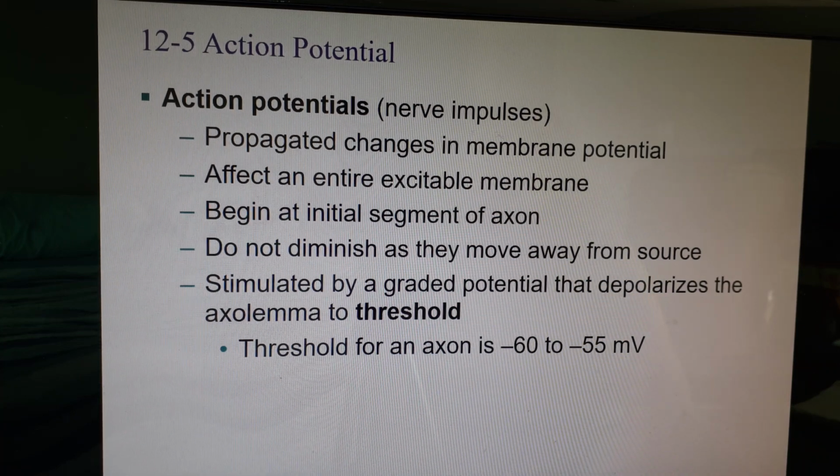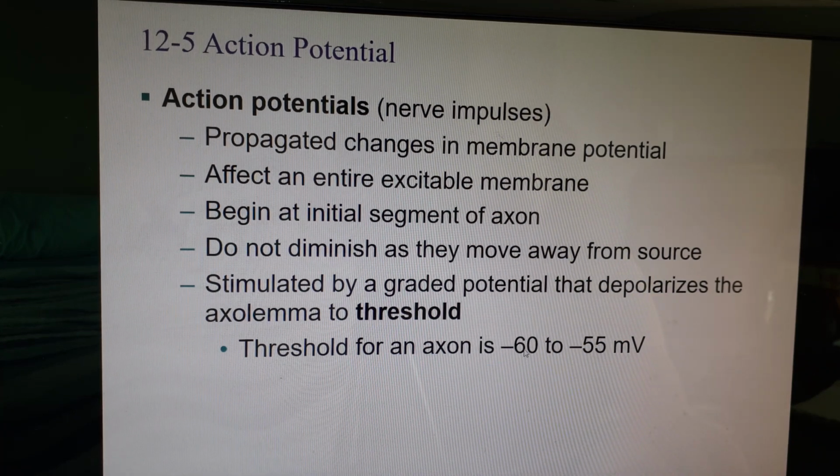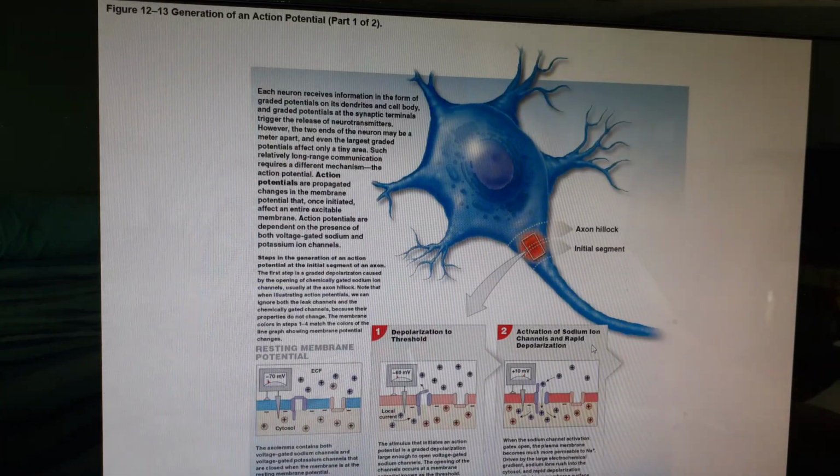And so the threshold that we're talking about for an axon is negative 60 to negative 55 millivolts. So it starts here, the axon hillock and the initial segment. So look down at this part of this diagram. We're at negative 70 millivolts, and the activation gate is closed. The inactivation gate is open. Okay? And this is our sodium channel right here.